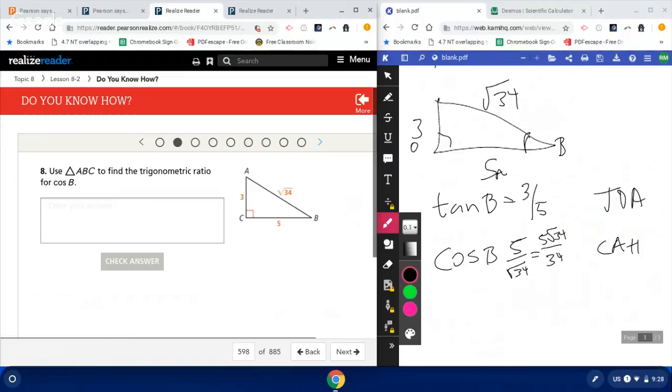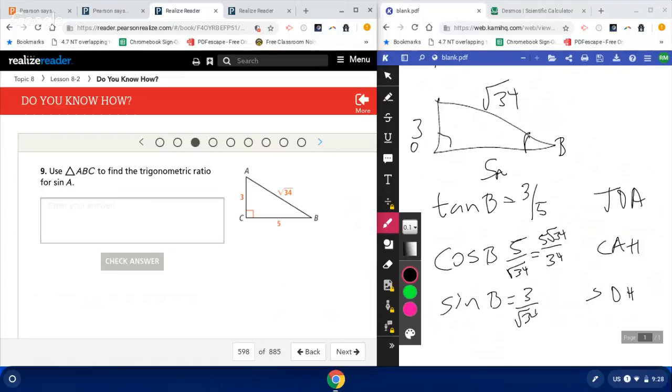And we'll talk more about that. I'm sure you're confused by that. We haven't really talked about that. And here they're asking for sine now. So sine is opposite over hypotenuse. Sine of B, 3 over square root of 34, or 3 radical 34 over 34.